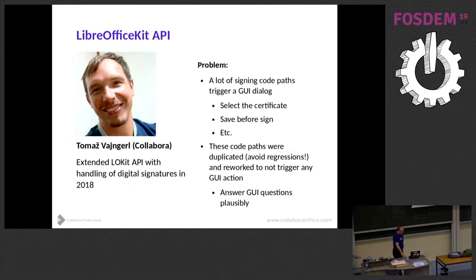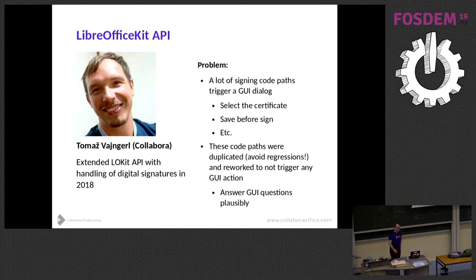The first problem that he had to solve was that document signing in LibreOffice was based on the user interface. For example, the user interface asked for the certificate to be used, or prompted the user to save the document before signing, and it was not possible to sign a document by using the API without user interaction.